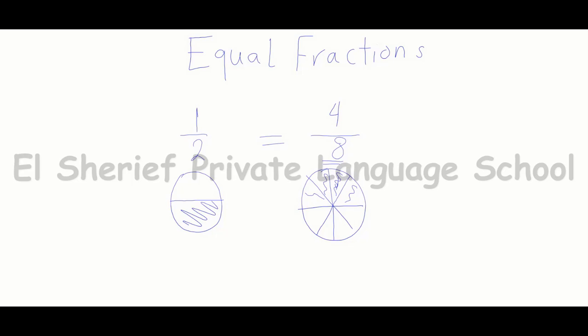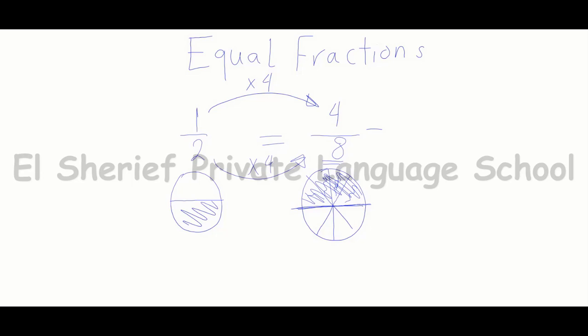Okay, but here if we look at this midline, we just colored the half part, the half of the circle. So to get a fraction equal to a half, we just multiply. Here we multiply by 4 up and down. So 1 times 4 equals 4, and 2 times 4 equals 8.